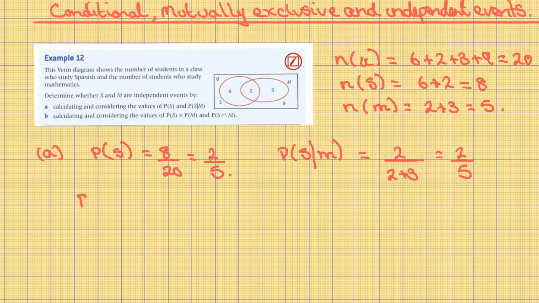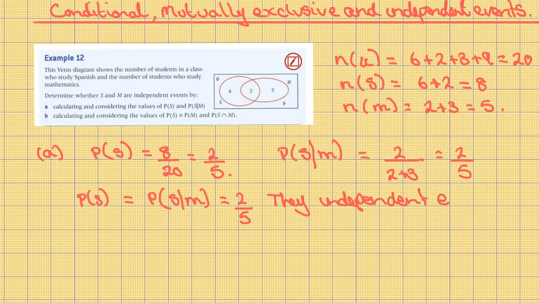Because the probability of S is equal to the probability of S given M, which is equal to 2 over 5, they are independent events.